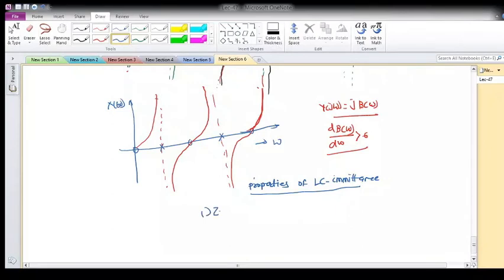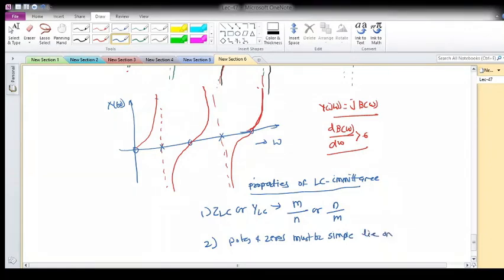So the first property is that the LC driving point impedance or LC driving point admittance is the ratio of even to odd or odd to even, okay. Then the next property says that the poles and zeros must be simple, okay, must be simple and lie on the j omega axis.